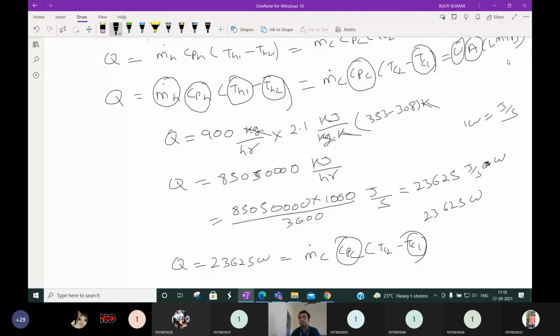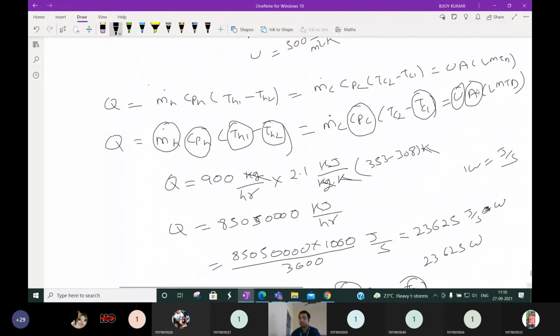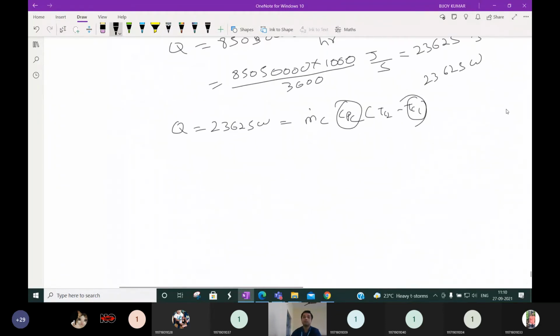For that, we have to use this formula. Tc2 we have to calculate, then only we can calculate m dot c, the mass flow rate of cold water. So we can use this formula: 23625 watt, Q is equal to UA LMTD.